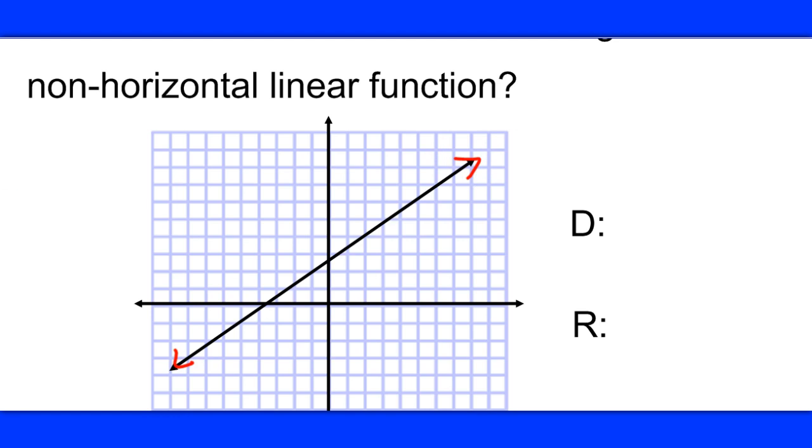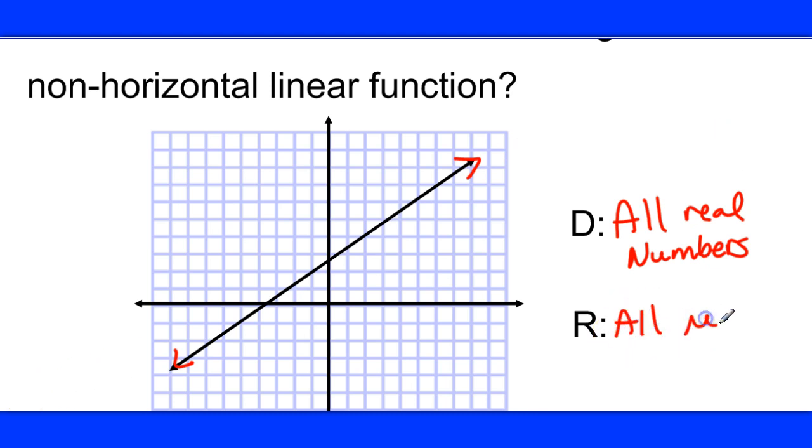So if it is a non-horizontal linear function, so any line that is not horizontal, the domain will be all real numbers, because the x's can go out to the right forever and to the left forever, and your range will also be all real numbers. So that is for any non-horizontal line, and that's it.